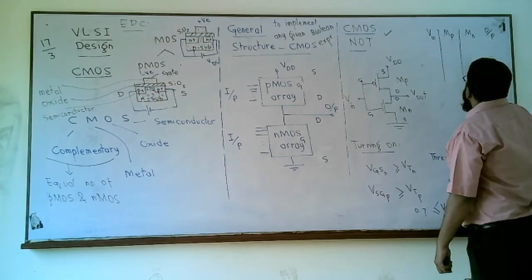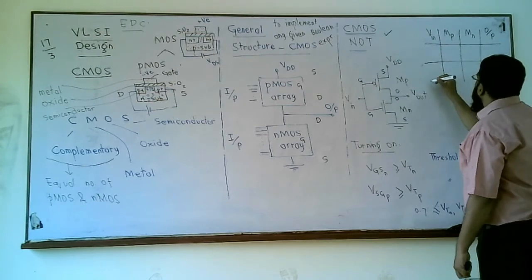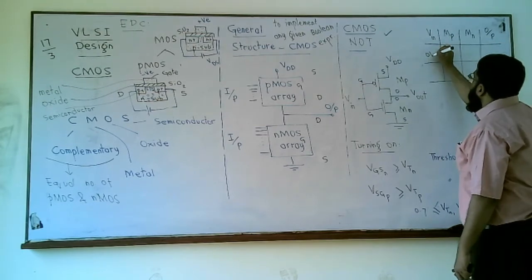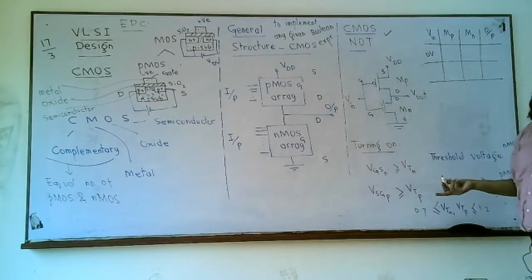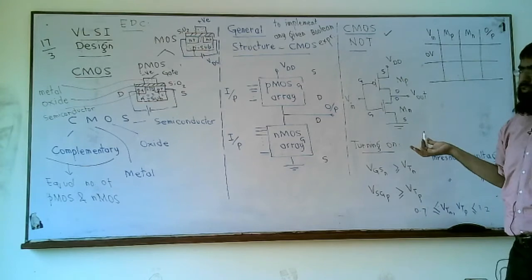So let's fill this table, and of course this table must have only two entries: when we have 0 volt applied, and when we have VDD, the max possible voltage applied. 0 volts corresponds to logic 0, VDD corresponds to logic 1.